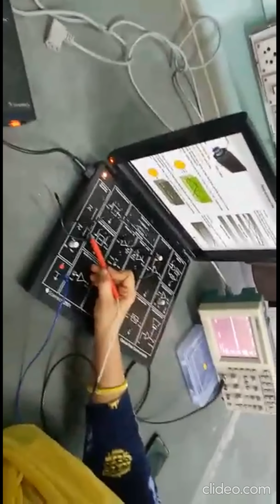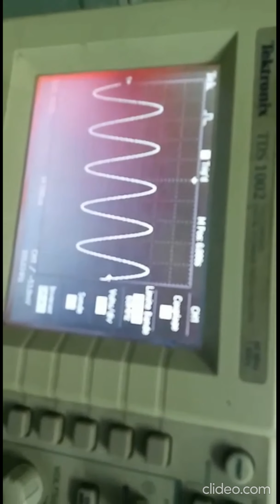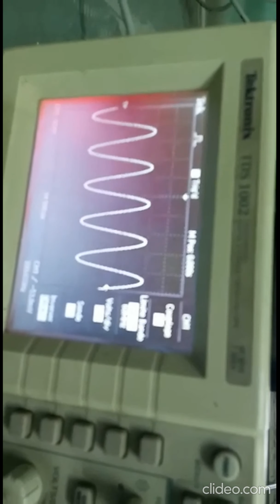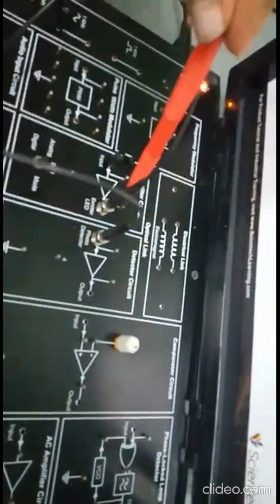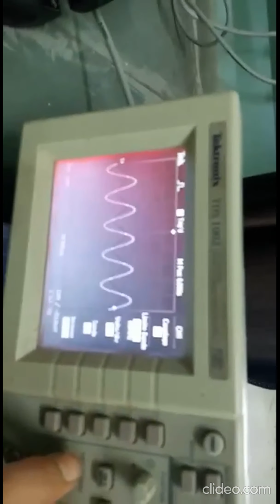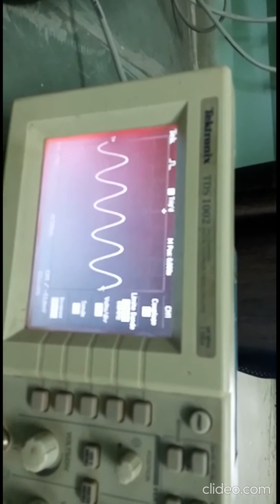Suppose I am going to see the transmitted part. This is the transmitted signal which we are getting here. This signal we need to transmit with this kit, and from the input, the emitter LED converts this analog signal into a light signal.